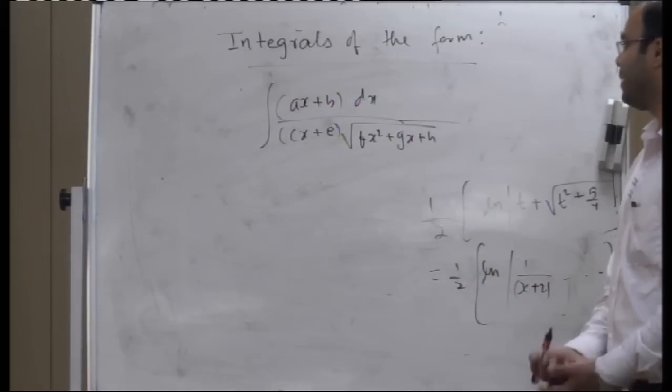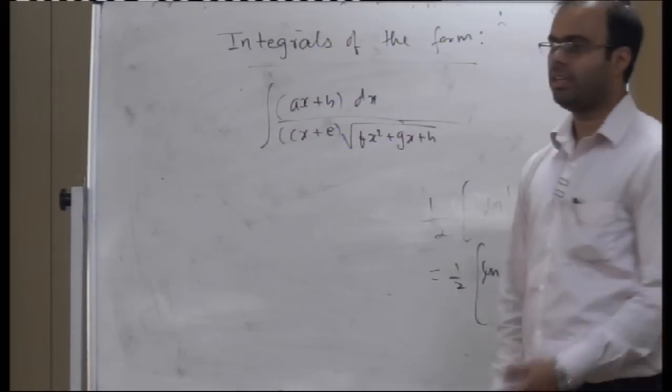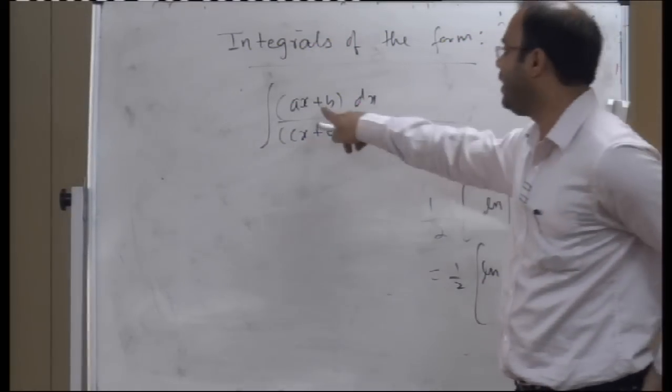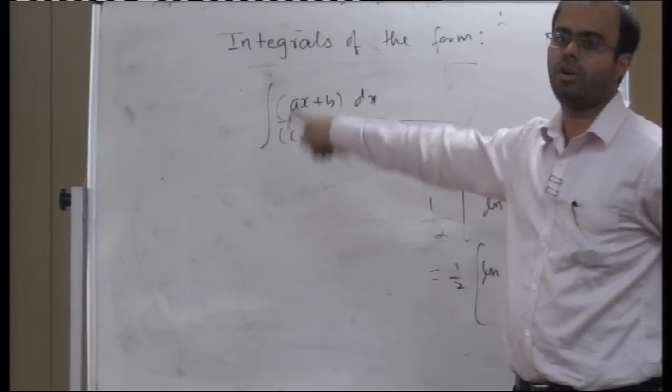Now in this there is a linear and a quadratic. You cannot put cx plus e as 1 by t because there is already a linear in the numerator. It is not a constant in the numerator.